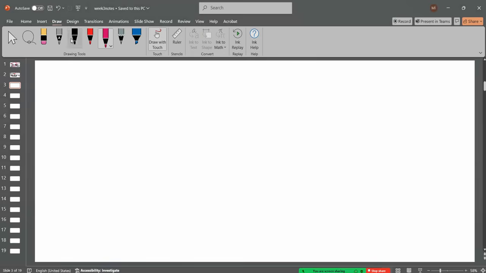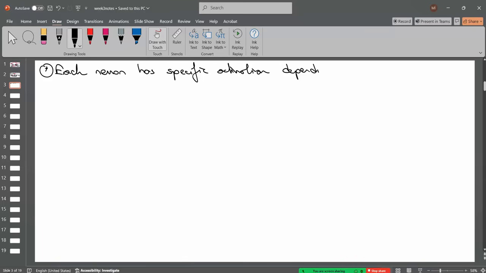But in order to understand this, or in order to model this, each neuron has specific activation depending on the threshold, which is called the X0, and synapse connection, which we call the theta in this case.